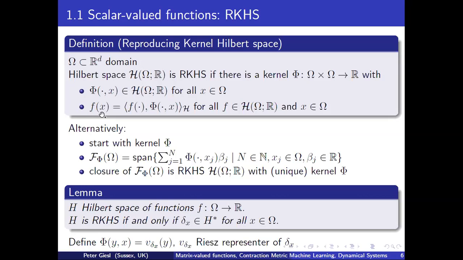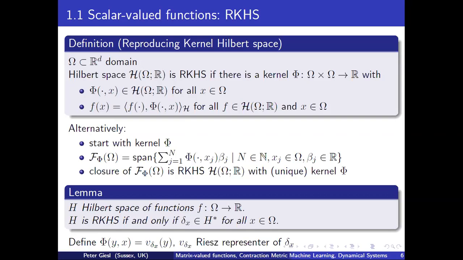And the other one is the reproducing property. A function f of x in the Hilbert space can be written as the inner product of f with the kernel, where x is one of the components of phi, and the other one is where we apply the inner product.